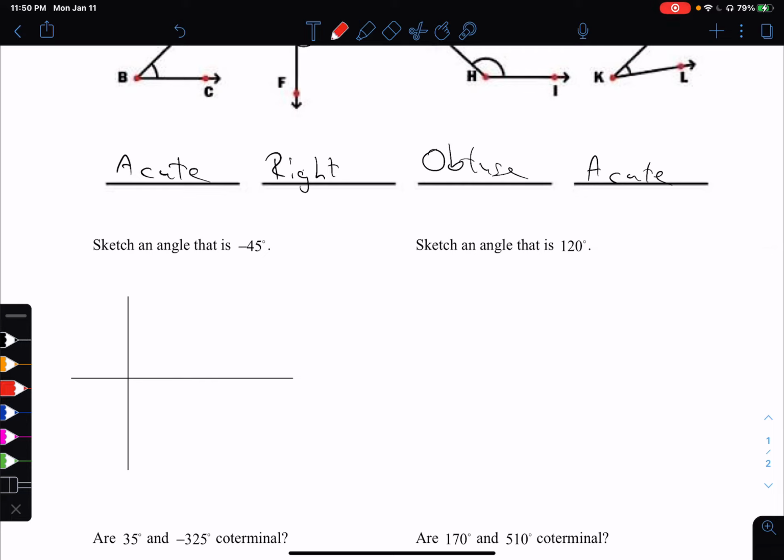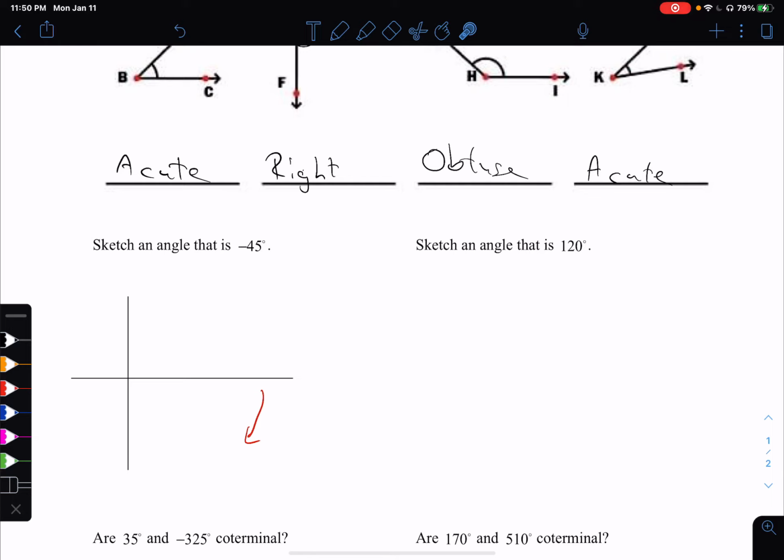So minus means we're going in a clockwise manner. Remember, counterclockwise is positive, clockwise is negative. And 45 degrees is half of 90. 90 is a right angle, so it's going to be halfway between the positive x-axis and the negative y-axis.